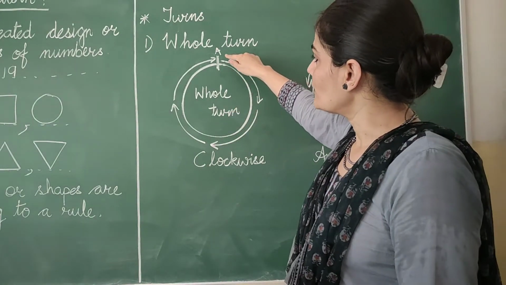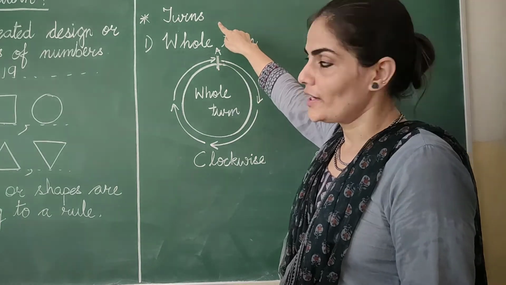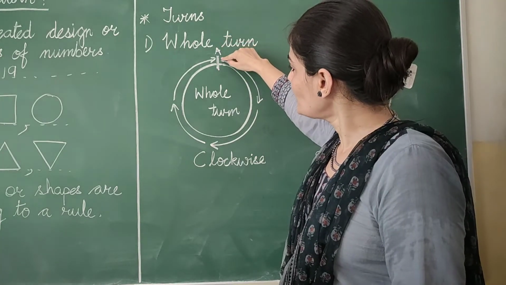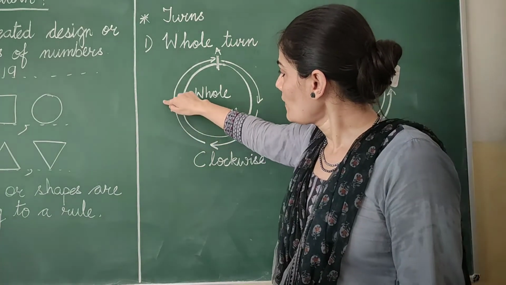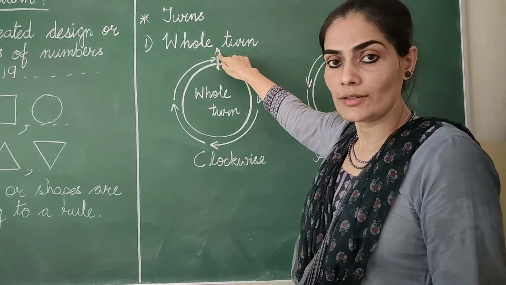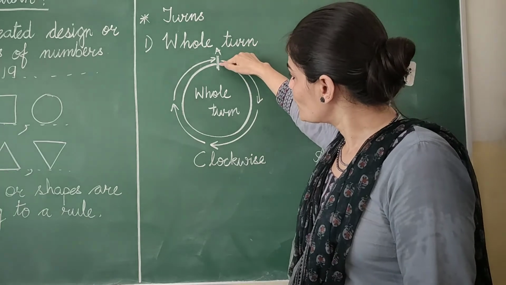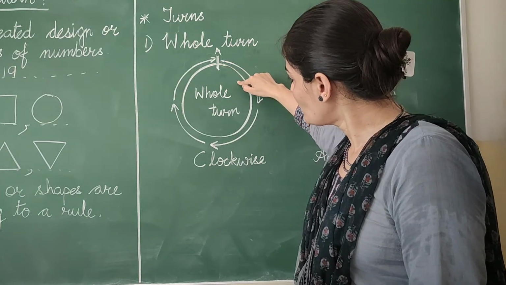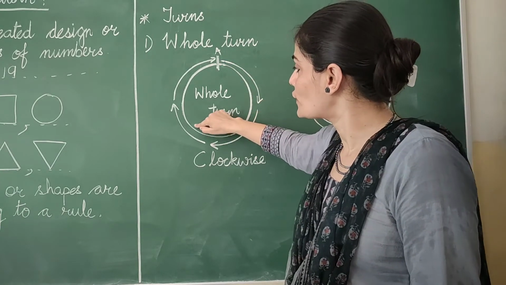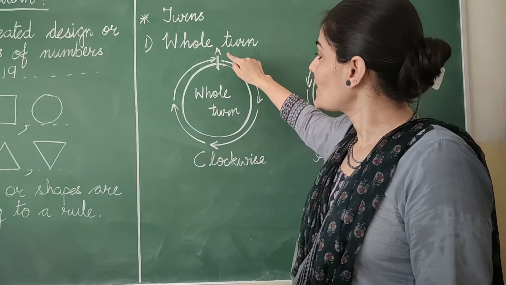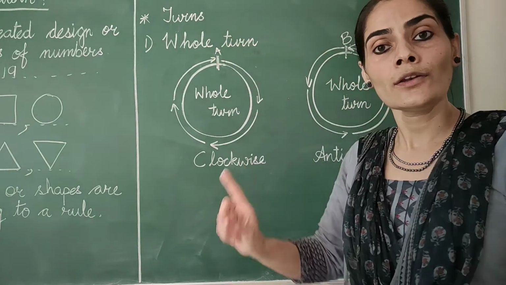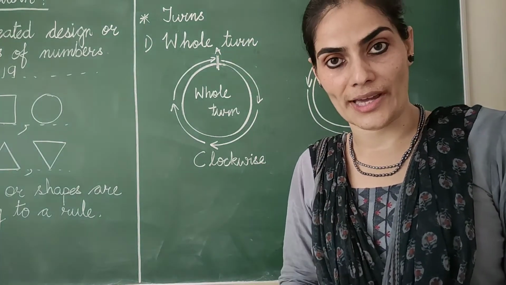If you observe, this object was pointing upwards. It started moving like this, again came back to the same position. So what did you observe? The movement was in the same direction as the hands of a clock move. So we say that it has completed one whole turn clockwise.